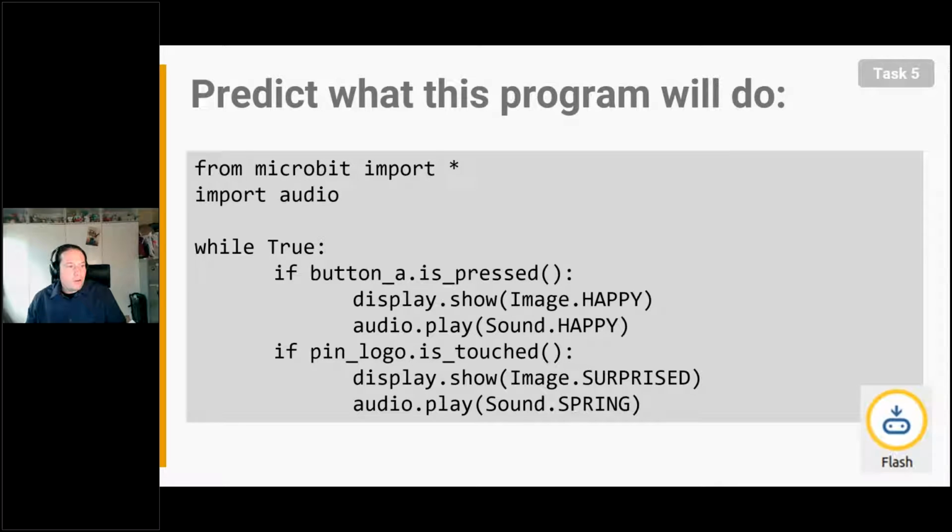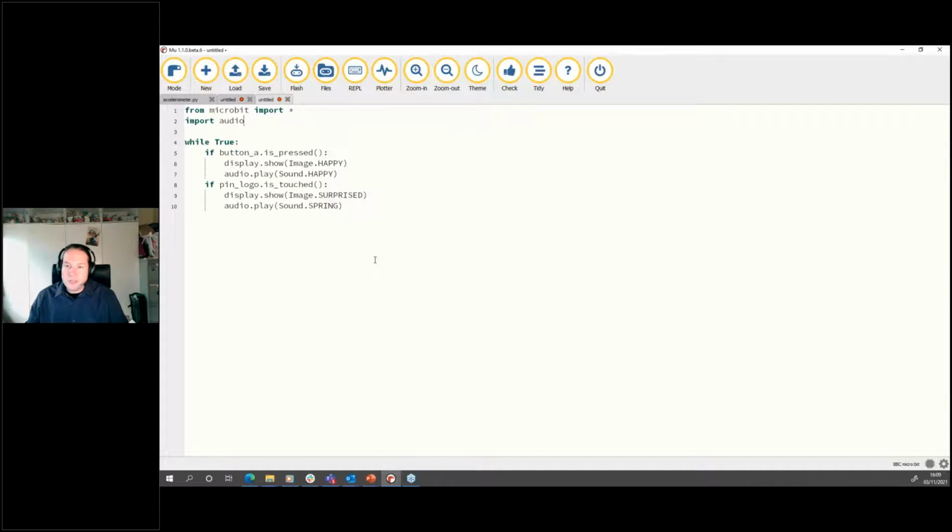Now, rather than you sit and watch me type all of that in, I've already typed it in. But if we have a look at our microbit again, we flash that across. Okay, so nothing's happening until I press button A, and it shows me a nice happy little face and makes a nice little sound.